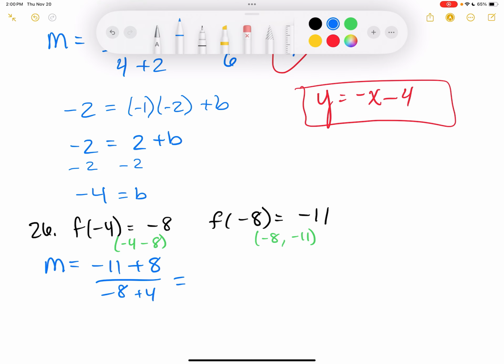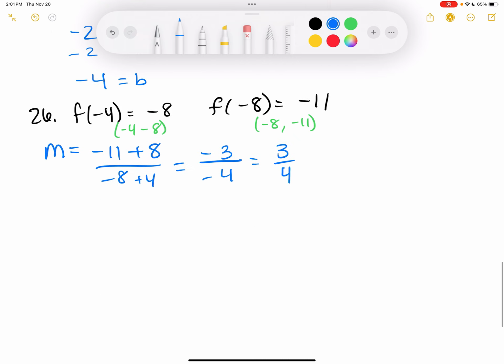So that would be negative 3 over negative 4. What happens to the double negative? That's 3 over 4. Yep.